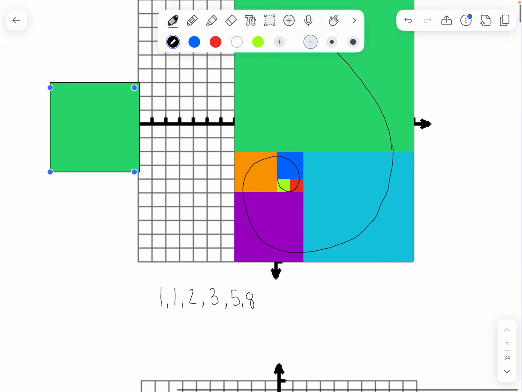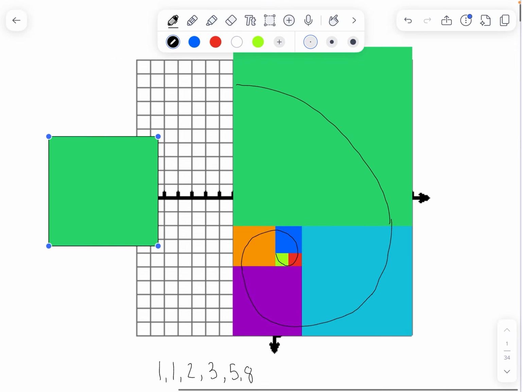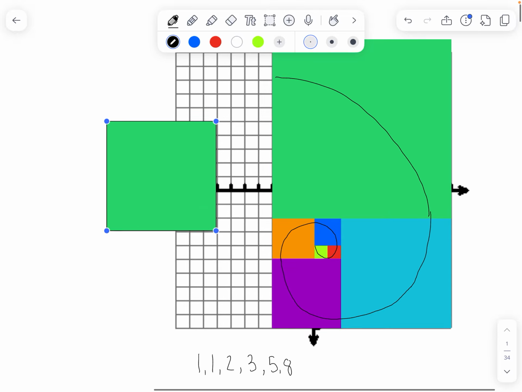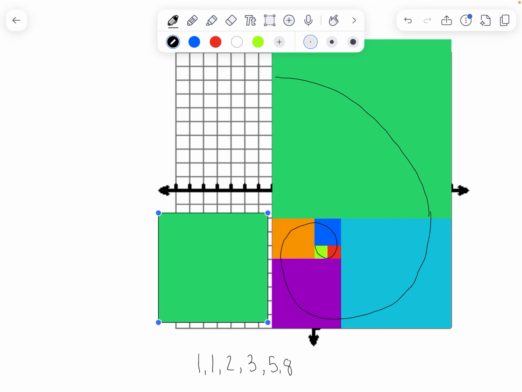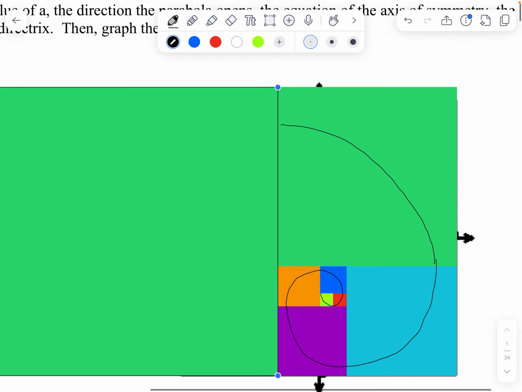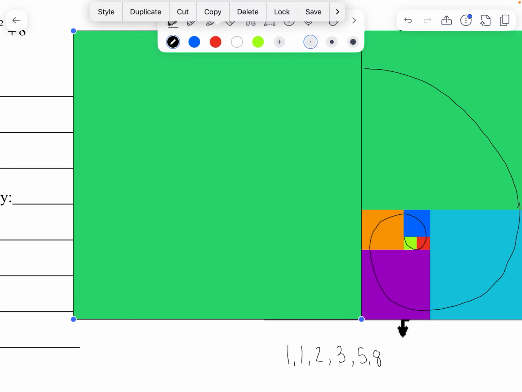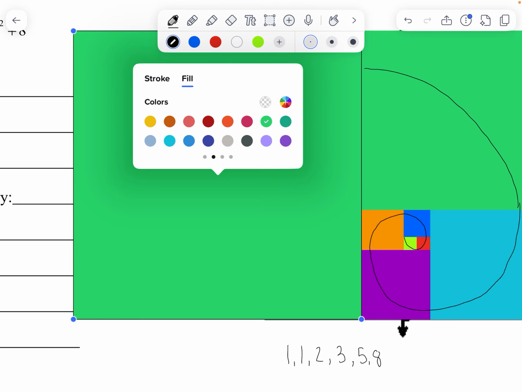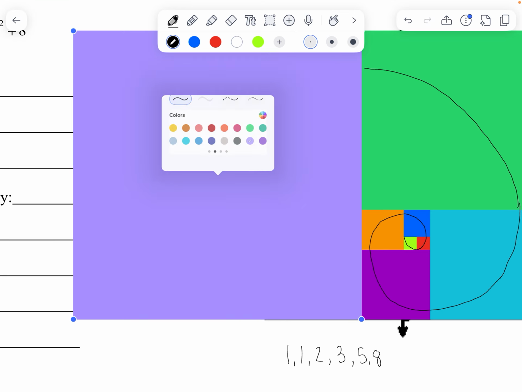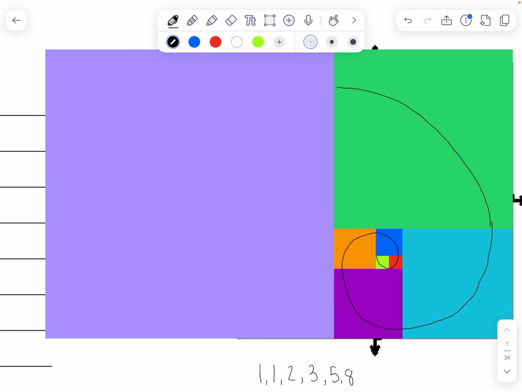Can we get a 13 plus 8? I don't think we can. That'd be 21. Let's try. Oh, so we can.